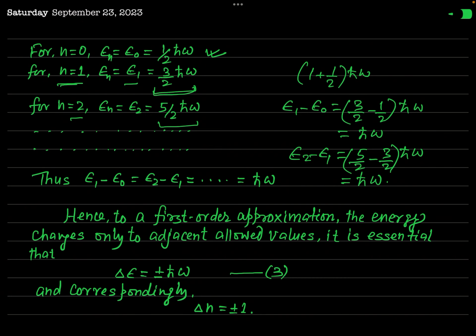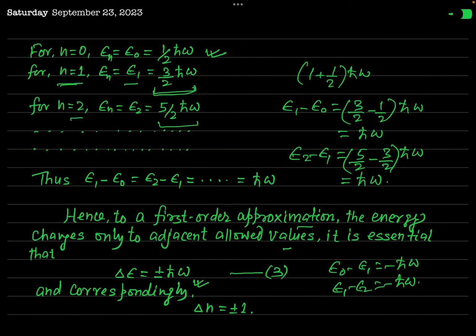And actually, if we are talking about the first order approximation, then the energy change takes place between the two closest energy levels, or the adjacent allowed values, and in this case will be equal to delta epsilon equal to plus minus h bar omega. Here this minus sign represents what? If you take let us say epsilon 0 minus epsilon 1, then this will be minus h bar omega. If you take epsilon 1 minus epsilon 2, then this will be minus h bar omega.